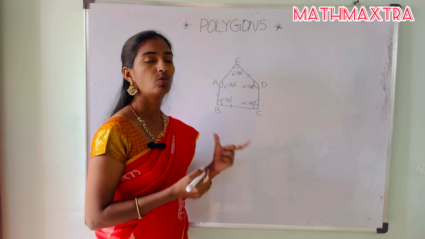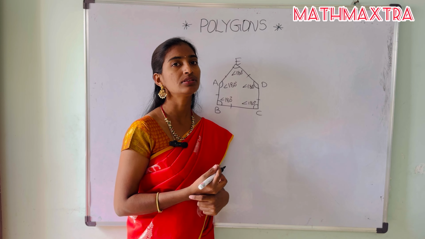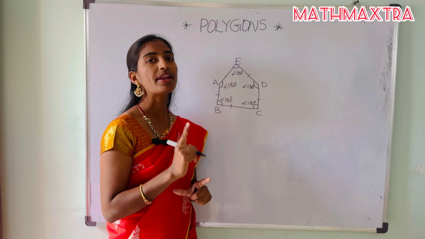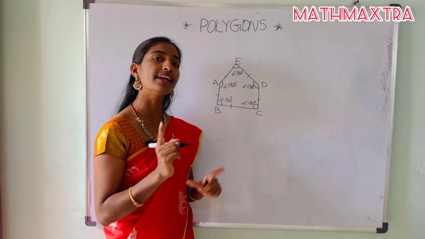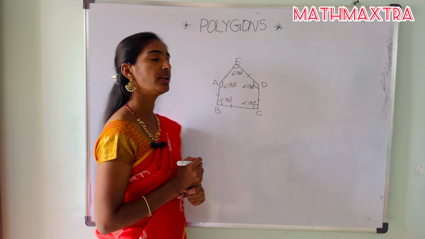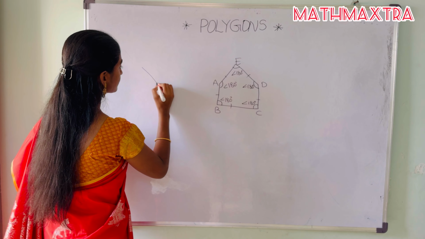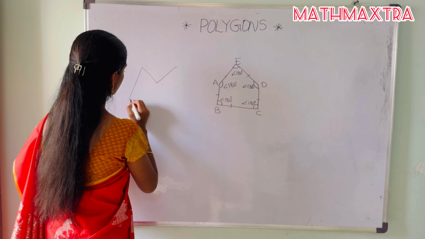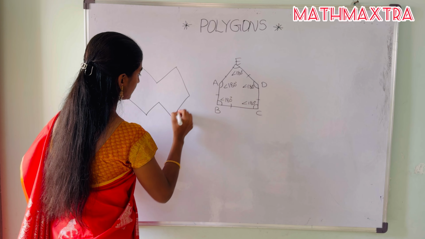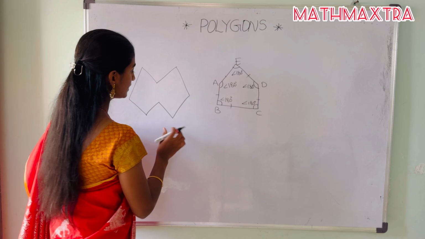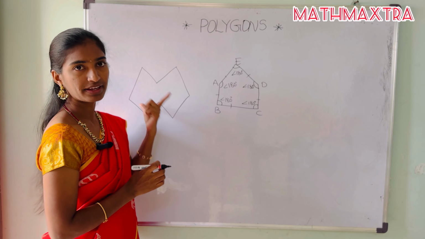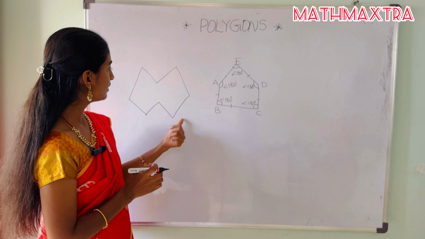Okay. So then what is a concave polygon? A concave polygon is one in which at least one of the interior angles is greater than 180 degrees; then we call that polygon a concave polygon. See, okay, this is a polygon, isn't it? Yes, it is a simple closed plane figure formed by line segments.